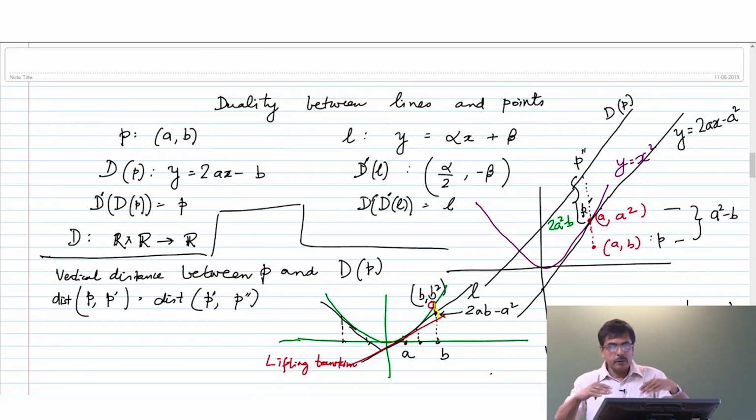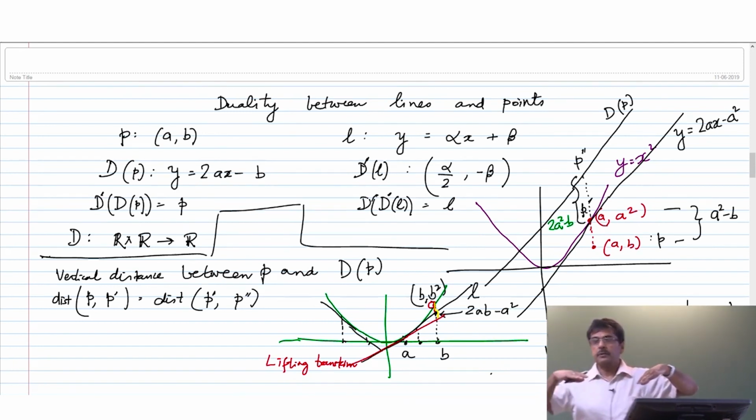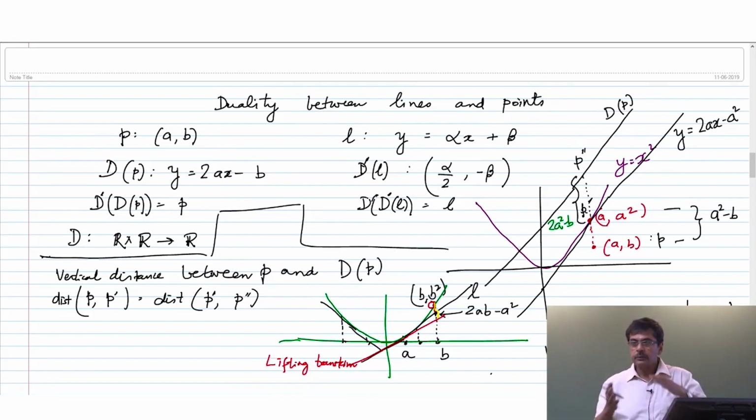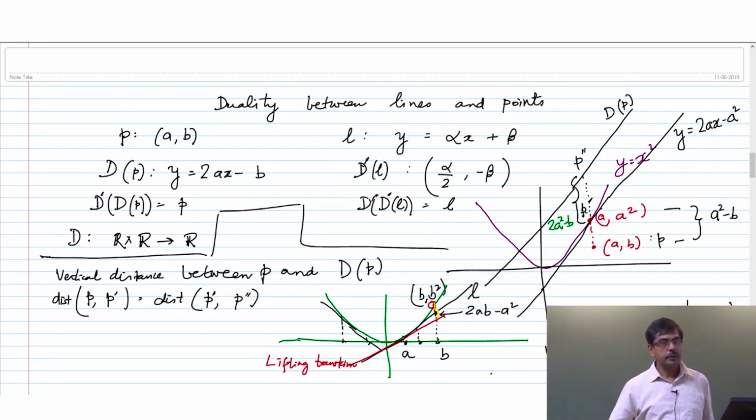You can construct level 2 of the arrangement. The topmost level gives you the nearest neighbor Voronoi diagram. The next level, if you project it, gives the second nearest neighbor, then the third nearest neighbor, all the way to the bottommost layer, which gives you the furthest neighbor Voronoi diagram.